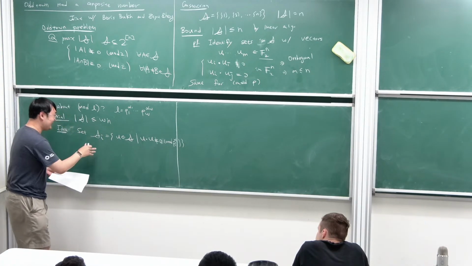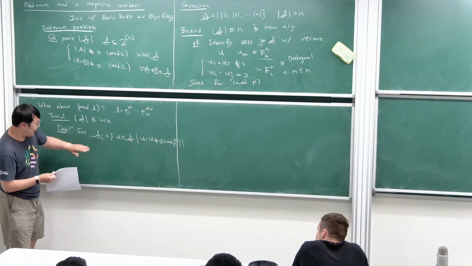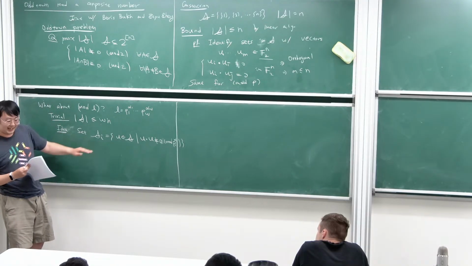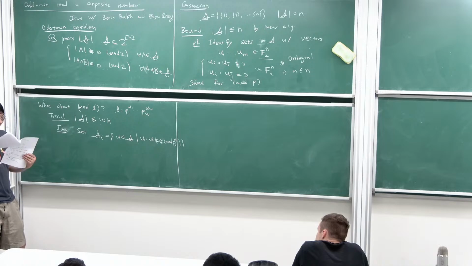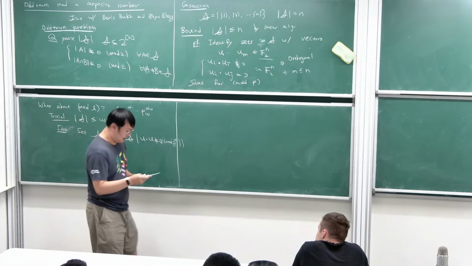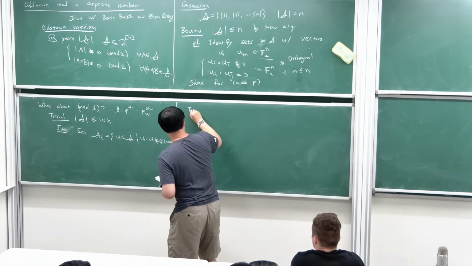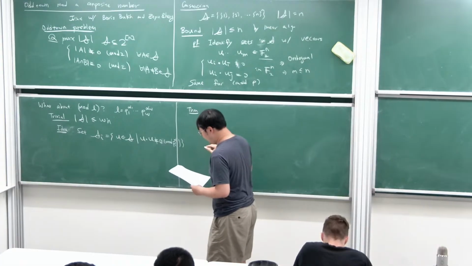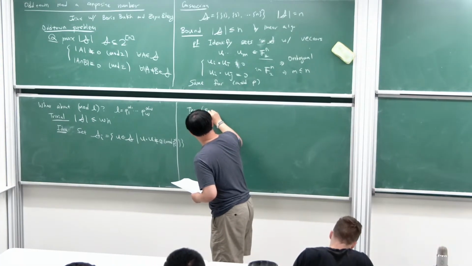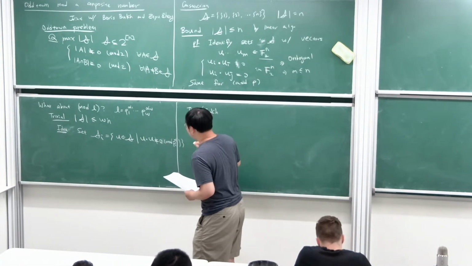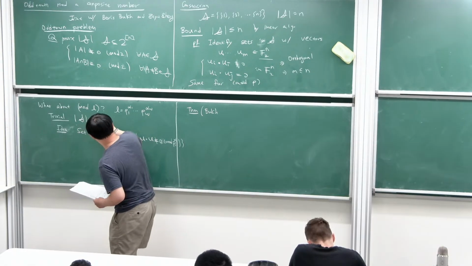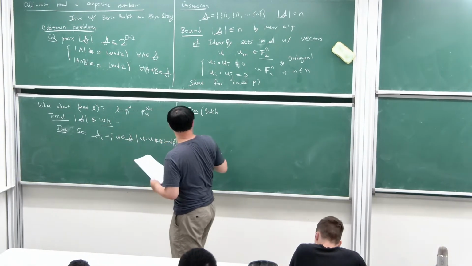The idea is to take this one and try to argue an upper bound on the size of A_i. By doing this, we can improve the upper bound. The trivial one is this one, and we can get some lower order term.